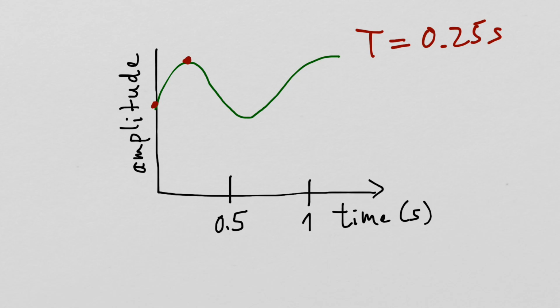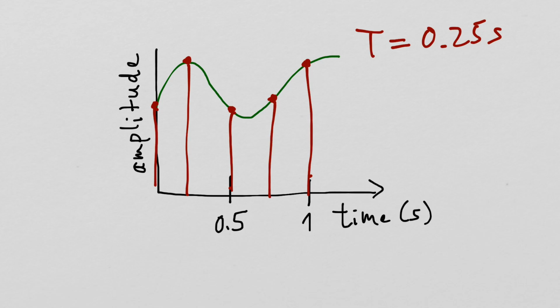Then we take a sample at 0.25 seconds, 0.5 seconds, 0.75 seconds, and 1 second. And so we have a measurement here, a sample here, another sample here, and a sample here. So now how well are we recovering this original green analog signal?